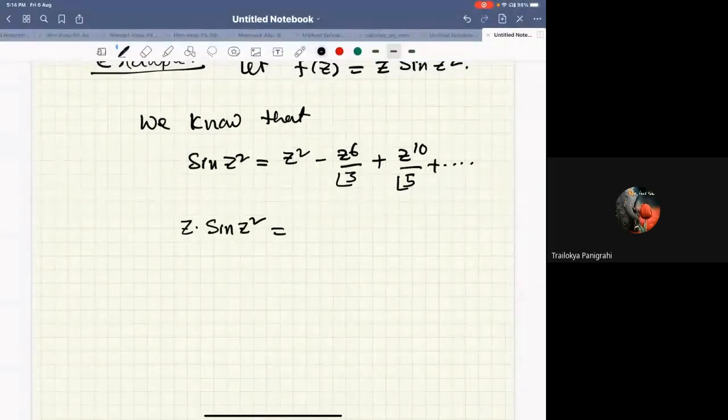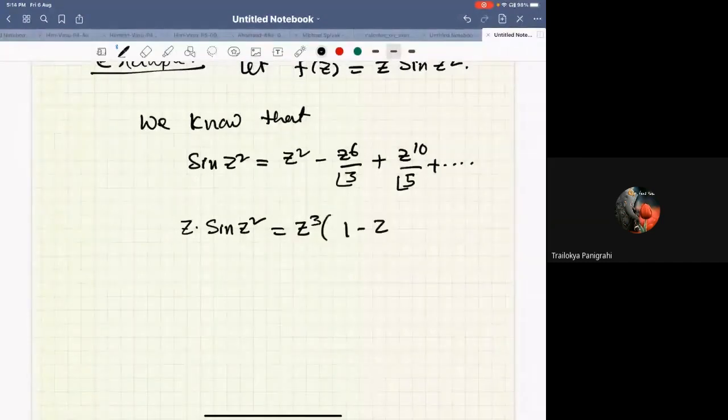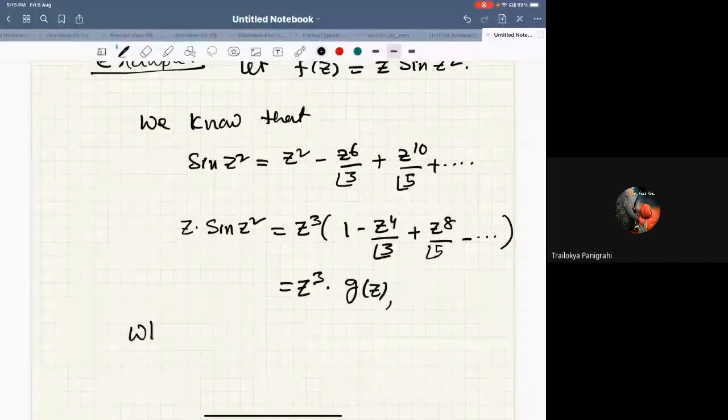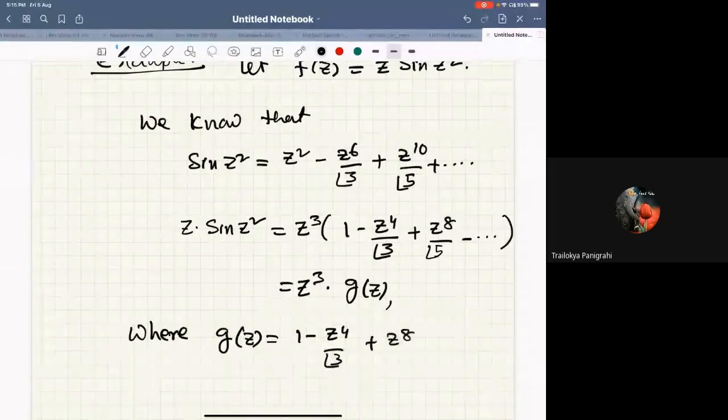So z into sin square z is nothing but z cube into 1 minus z to the power of 4 by 3 factorial plus z to the power of 8 by 5 factorial and so on. Now this can be written as z cube into g of z, where g of z is 1 minus z to the power of 4 by 3 factorial plus z to the power of 8 by 5 factorial and so on.